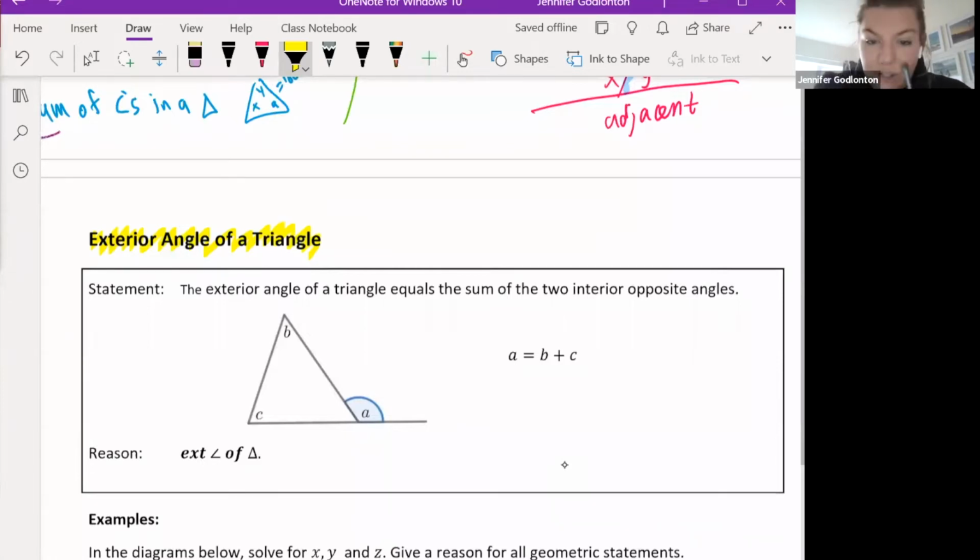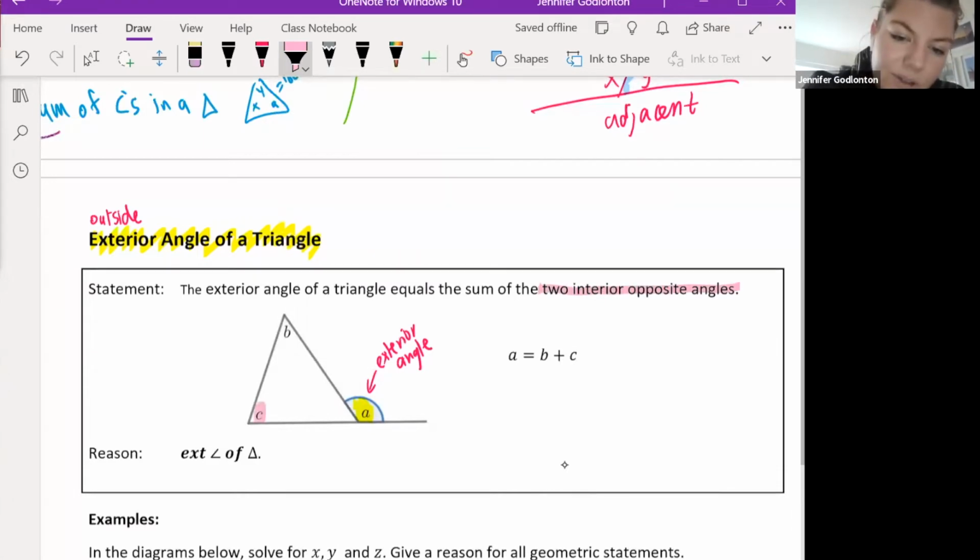So let's have a look at this question. An exterior angle of a triangle. Exterior is just a fancy word for being outside, okay? And the exterior angle of a triangle, so that's this angle here, that's A, because it's the outside angle. That's my exterior angle. It's equal to the sum of the two interior opposite angles. I'm going to put them in a different color so that I can highlight those ones.